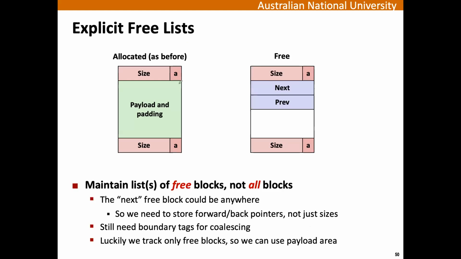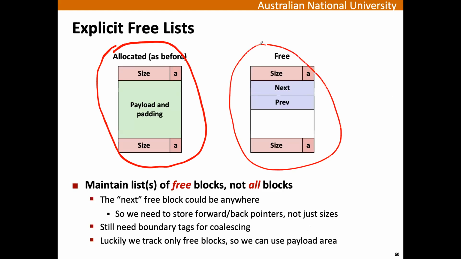So explicit free list: an allocated block looks the same as before. But a free block has explicit next and previous pointers. So when we add actual pointers, next and previous, to our blocks, we are no longer using the size of the header to go to the next block. In the implicit free list, we were indirectly using the size of the block to traverse free blocks.